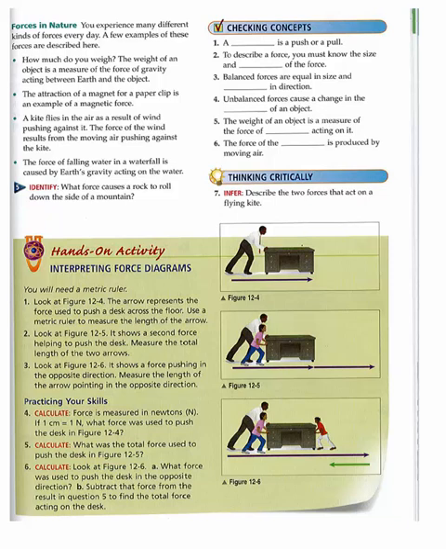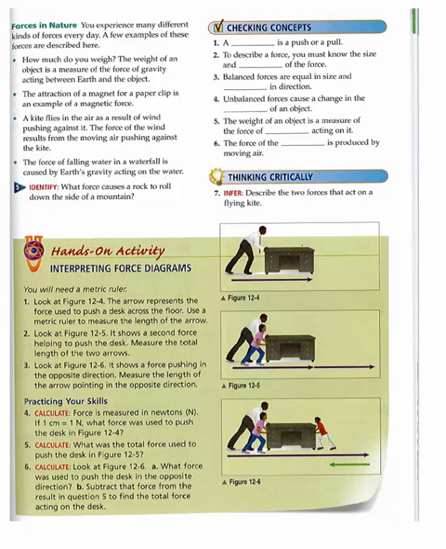Forces in nature. You experience many different kinds of forces every day. A few examples of these forces are described here. How much do you weigh? The weight of an object is a measure of the force of gravity acting between Earth and the object. The attraction of a magnet for a paperclip is an example of a magnetic force.